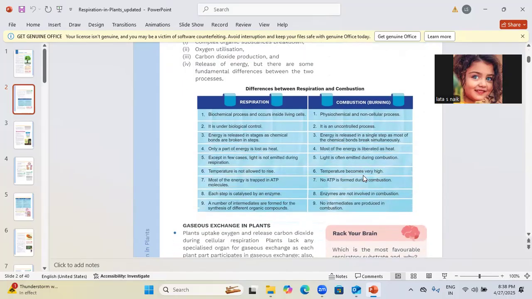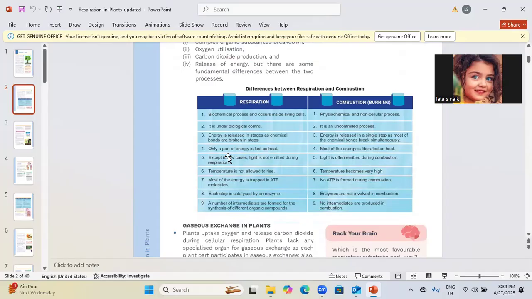Respiration is a biochemical process and it occurs inside living cells, whereas combustion is a physiochemical and non-cellular process. Respiration occurs under biological control, whereas combustion is an uncontrolled process. In respiration, energy is released in stages as chemical bonds are broken in steps, whereas in combustion energy is released in a single step as most of the chemical bonds break simultaneously.